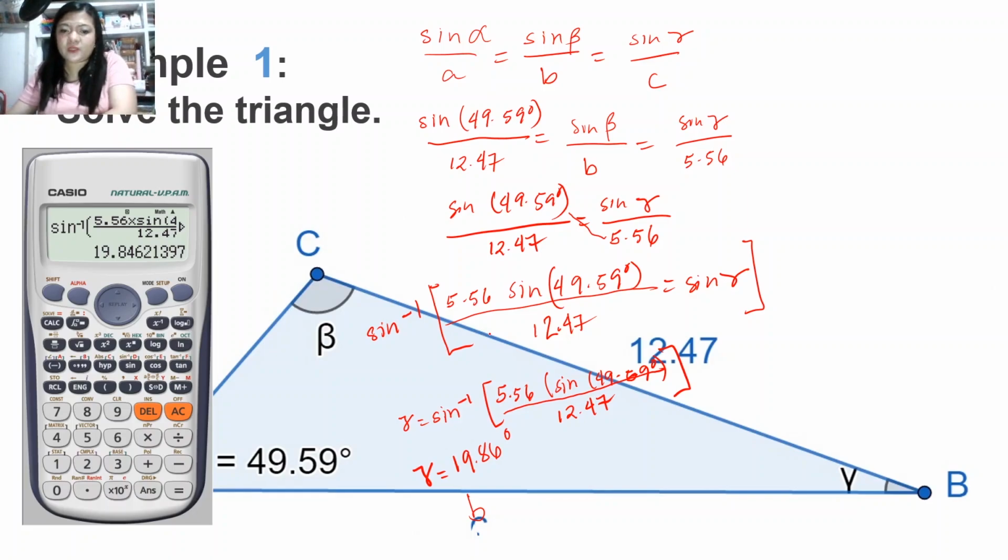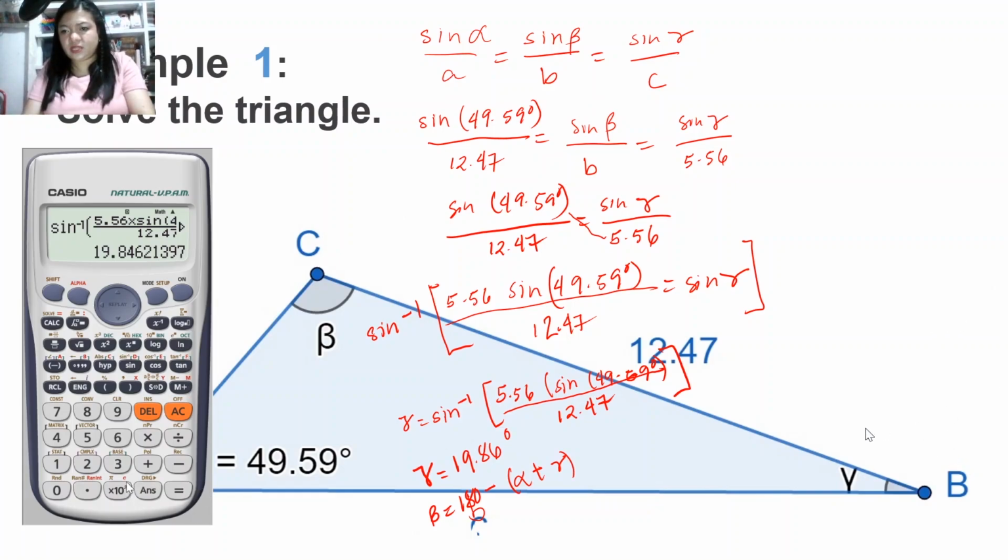Okay, so how are we going to find beta? The sum of the interior angles of any triangle is 180 degrees. So to find beta, we just need to subtract the sum of alpha and gamma from 180. So beta here will be equal to 180 minus the sum of alpha and gamma.